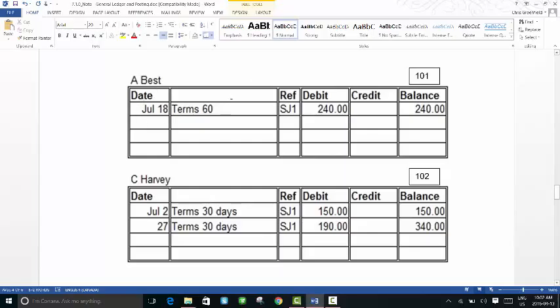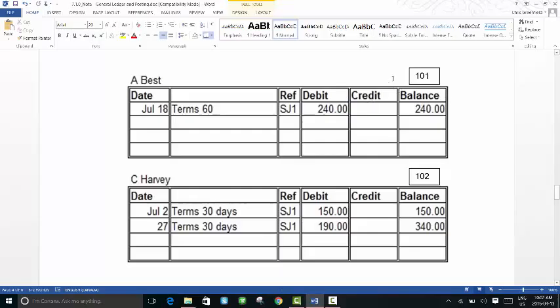We have a date column, a particulars column. Again, this is from a different kind of accounting system, so they actually put figures in there, which we'll learn about. This is the reference, so we're going to talk about how that works with the posting reference on the journal entry. And then we have debit and credit columns.